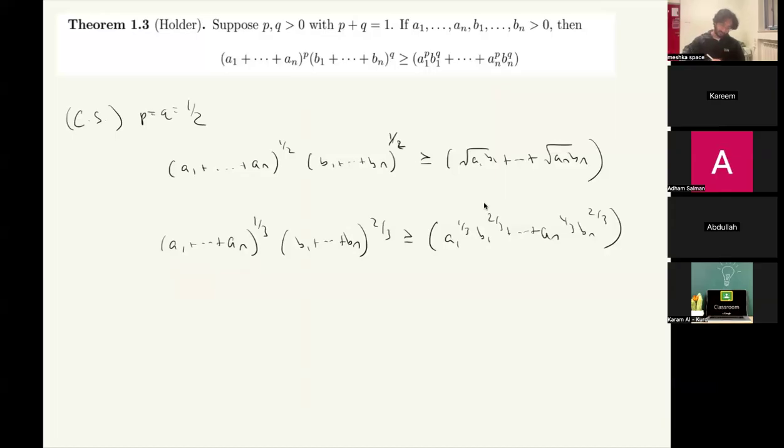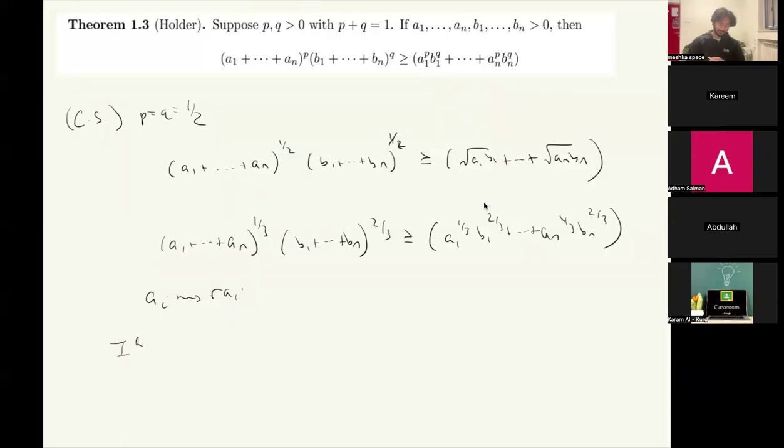If I scale each AI by R times AI, then both the left-hand side and the right-hand side multiply by R. Does it make sense? I'm not saying scale all the variables, just scale the A variables, then both sides will scale by the same factor, R to the 1/3. Does it make sense what I'm saying?